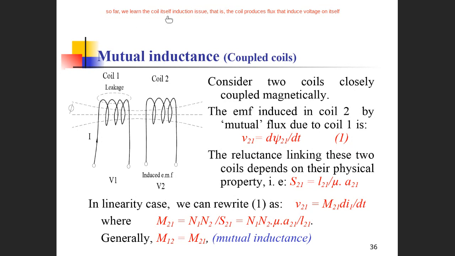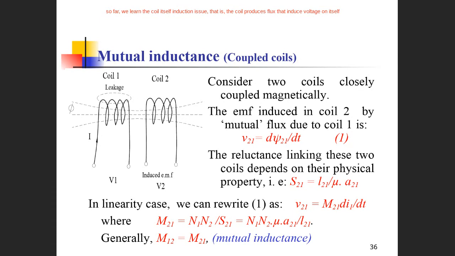Self-induction. They produce flux. The producer of the flux and the receiver of the flux are the same. Producer, we have the flux phi, produced by N1, for example, times current I1 over the S1.